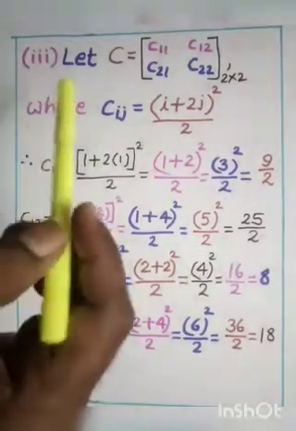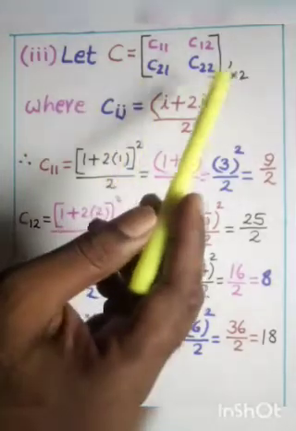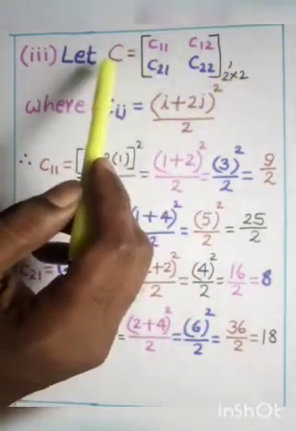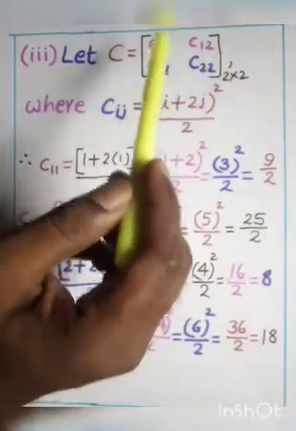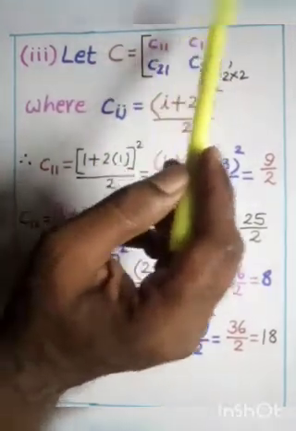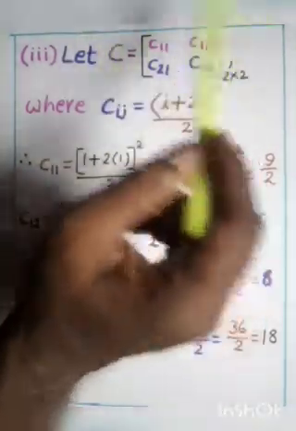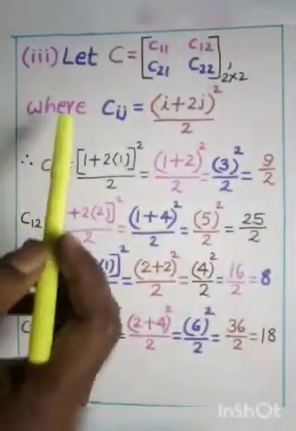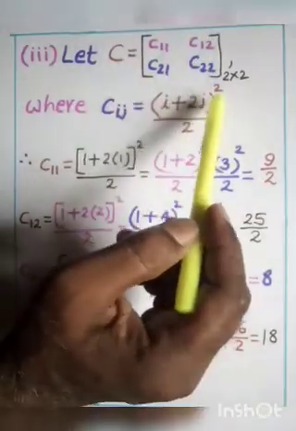Now come to the third part of this question. I am assuming the required 2 by 2 matrix is C, and I am taking the general form of this matrix like this: C11, C12, C21, C22. Understood this step, my dear children? Right. And the elements of the matrix are defined by this rule. This is given in the question itself.